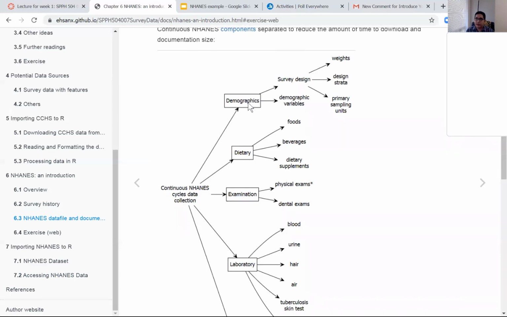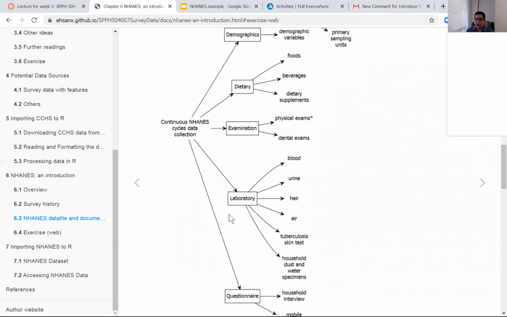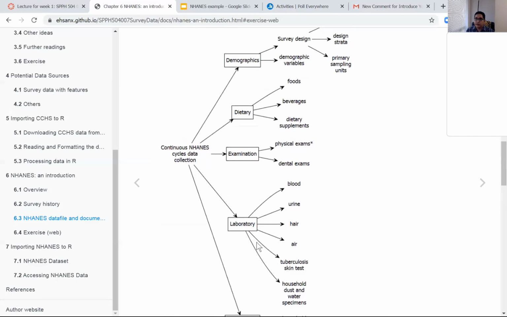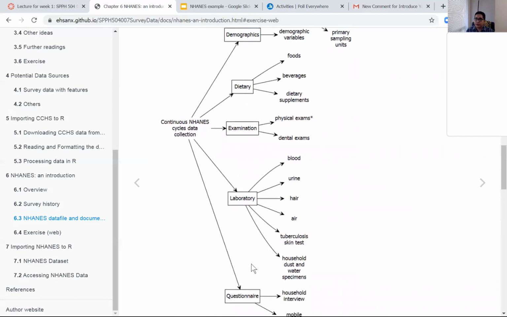Say, for example, your demographic data will be in one data set, your dietary data will be in another data set, your examination data, physical, dental, will be in another data set, your laboratory data will be saved in another data set, and your questionnaire data or the household interview data will be saved in another data set. So you can see the same person can contribute to all of these 5 different components.